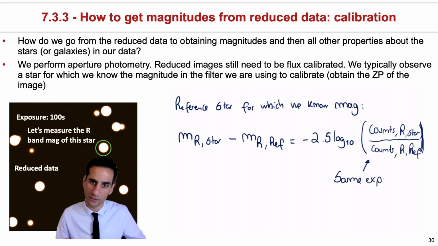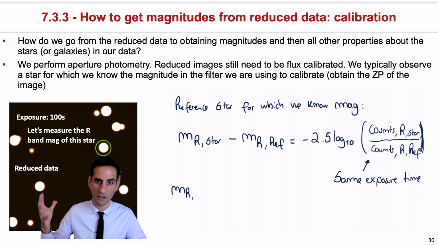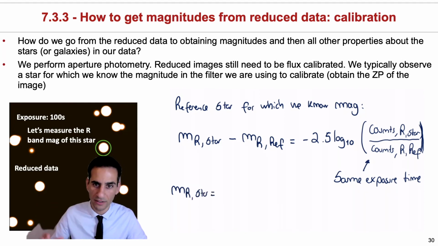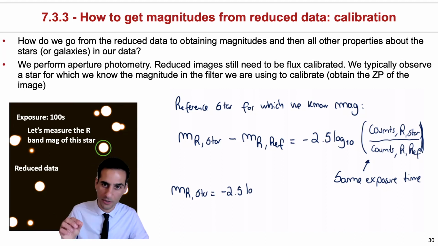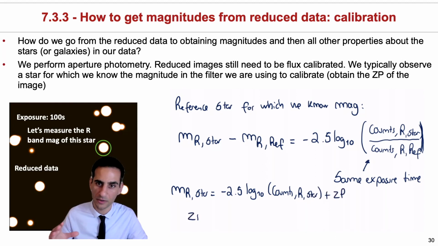In general, what we want to be able to do is to put an aperture and estimate the magnitude, in this case for the R-band filter, for any star, essentially by writing an equation that is minus 2.5 log 10 of the counts of that specific star in the R-band plus some photometric 0 point.